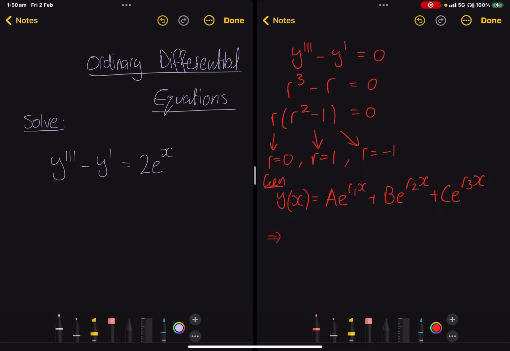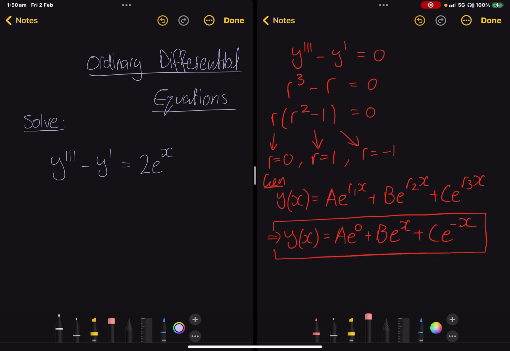So this means our general solution will be y of x is equal to a e to the 0 plus b e to the x plus c e to the minus x. So this is our general solution in this case.